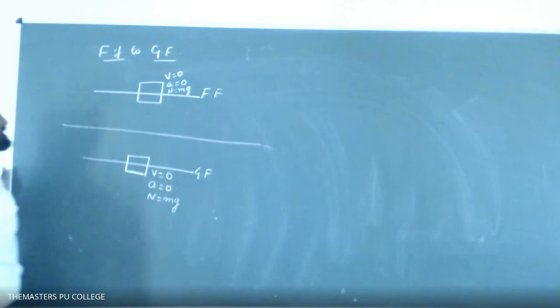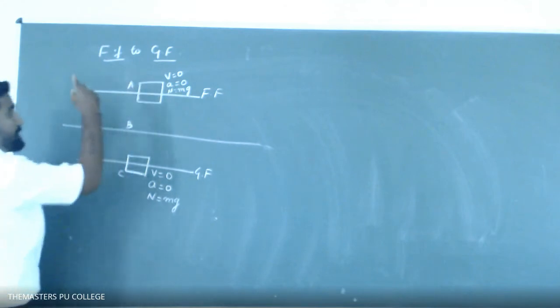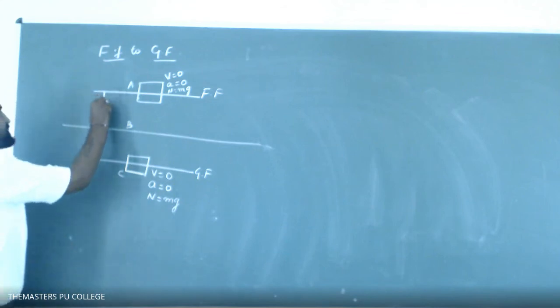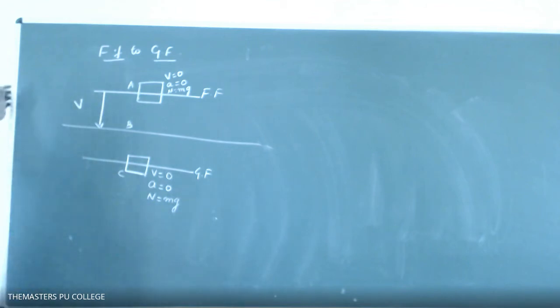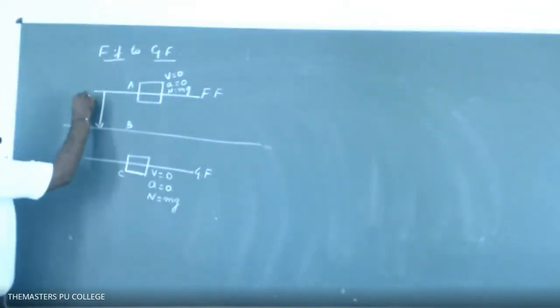And halfway path now. A to B, B to C. Who will answer this? What happens to velocity? Whether it increases or decreases from A to B, region A to B. Velocity increases.